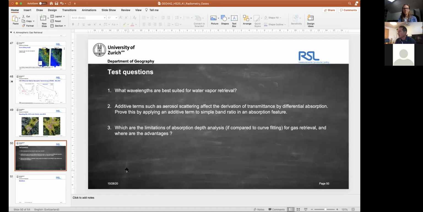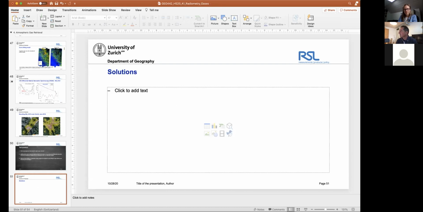Yeah, 900 nanometer is not bad. If you look at the spectra exactly, it's maybe 950, yeah, 940. We're talking about the 940 band, but 950 is also fine. So it's in this range.